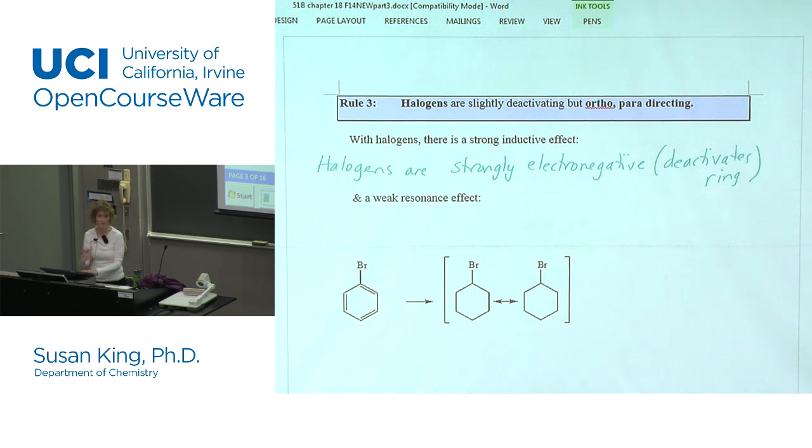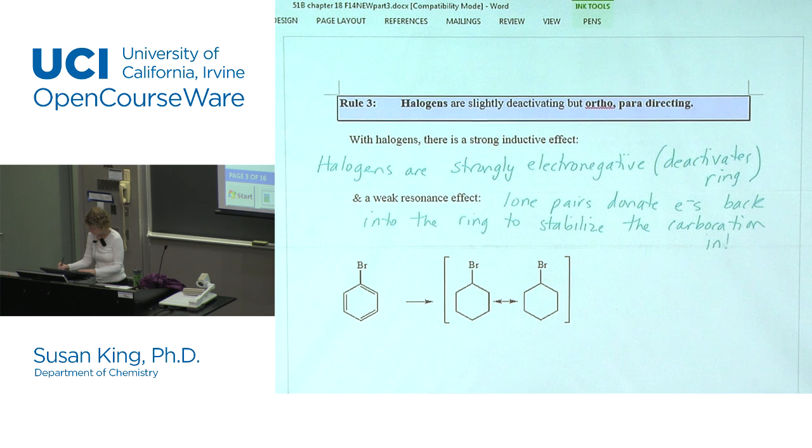Halogens are not very basic, so they're not inclined to donate their electrons, but they can. So the lone pairs donate electrons back into the ring to stabilize the carbocation intermediate. And so they are slightly deactivated, but they are ortho-para-directing.